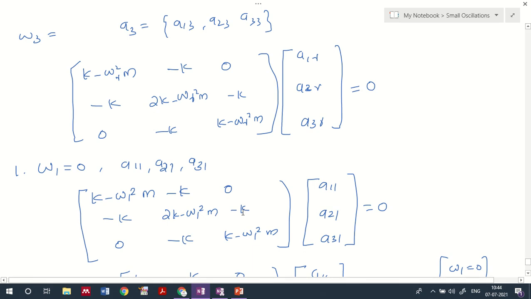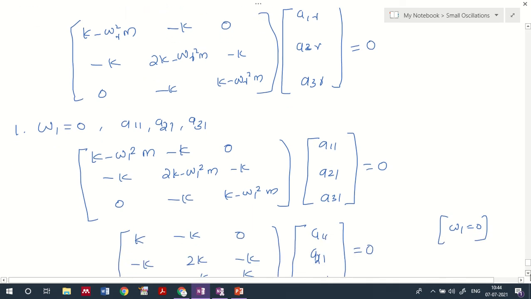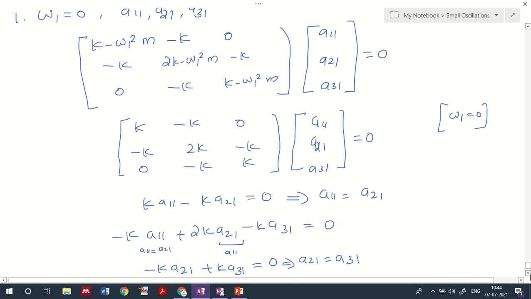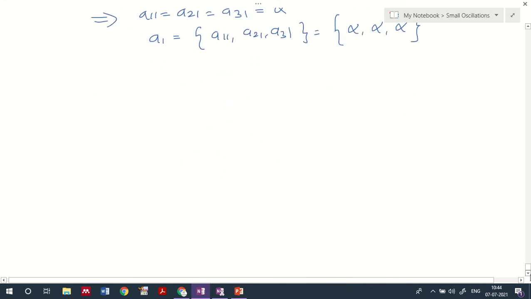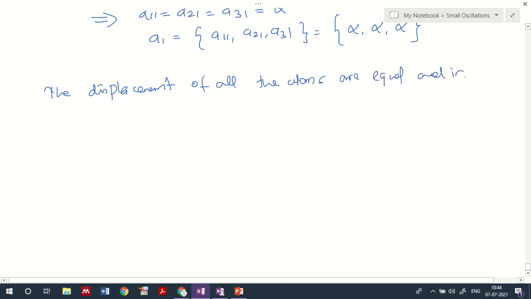So what it means is more important for us, because when you consider a triatomic molecule at the frequency omega 1 equal to 0, the displacement of all the atoms are equal in this case, and in the same direction.